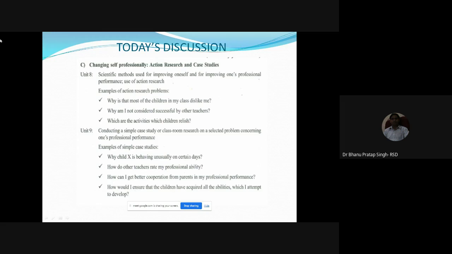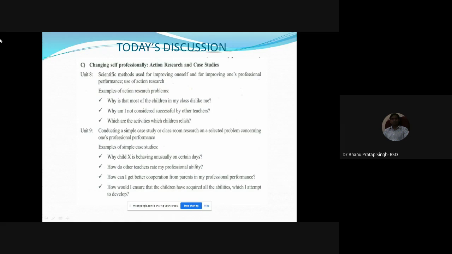You may take others, like why children are not happy with teaching in English, why teachers are not taking interest in teaching English, teaching mathematics, teaching science. So there are so many ideas, and you can choose your idea and do a case study and action research. Unit 9, conducting a simple case study or classroom research on a selected problem concerning one's professional performance.